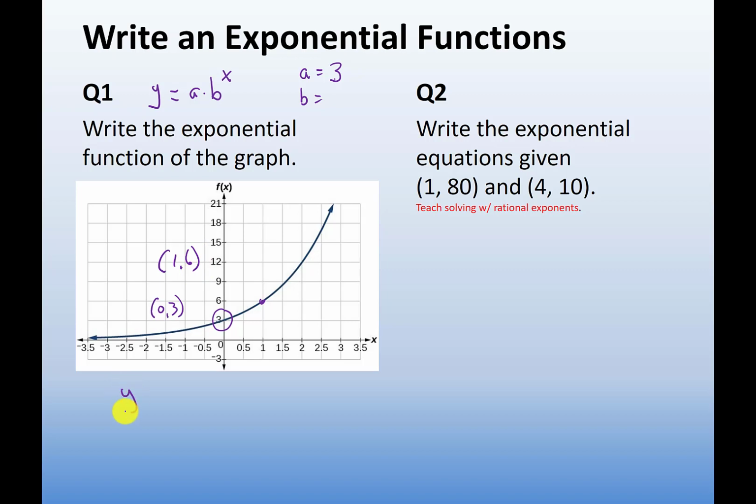So if our equation so far is 3 times b to the x power, and we don't know b, if we could plug in an x and a y, we could solve for it. Some of you know the algebra for this, and some of you can do that no problem. And I'm going to explore that algebra in a minute here by plugging in. But before we actually do this algebra approach, I want to show you an intuitive approach.